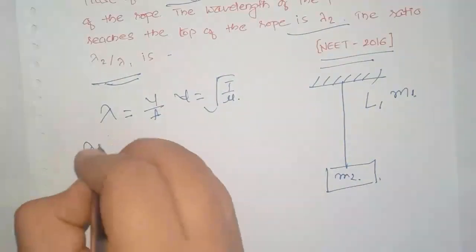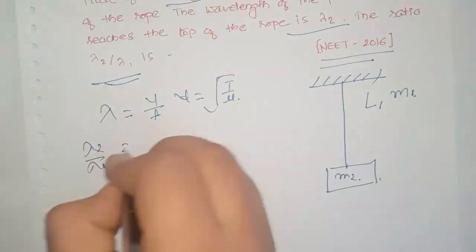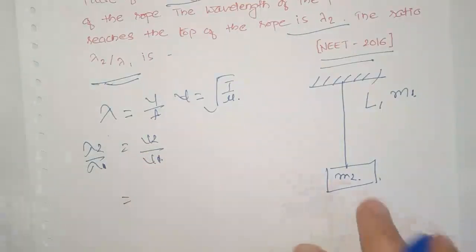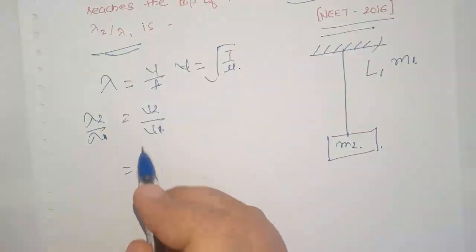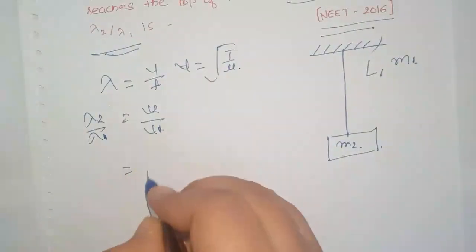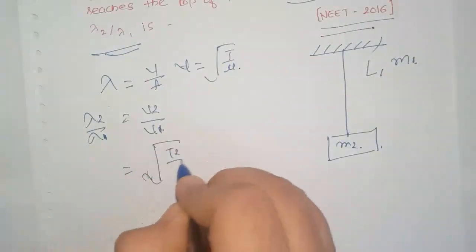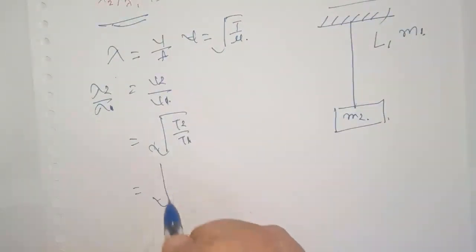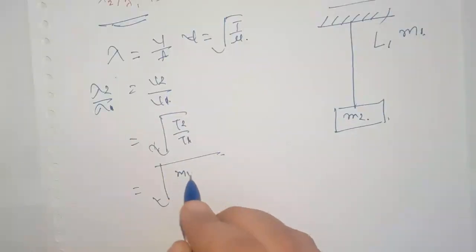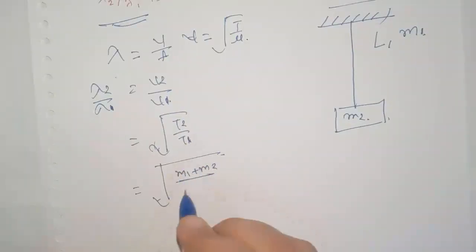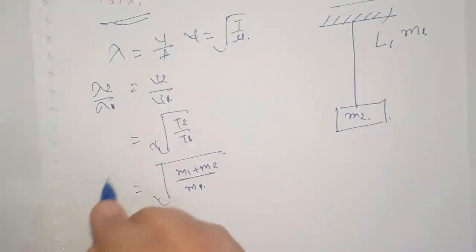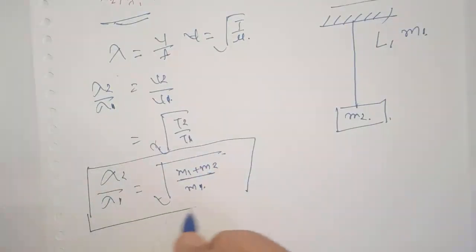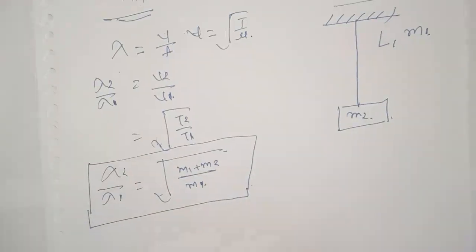So lambda 2 by lambda 1 is equal to V2 by V1. The mass per unit length will be the same. So V2 by V1 can be written as under root T2 by T1. T2 will be, when both are connected, that is M1 plus M2, upon T1, that is due to only the rope. So lambda 2 by lambda 1 will be under root M1 plus M2 upon M1.